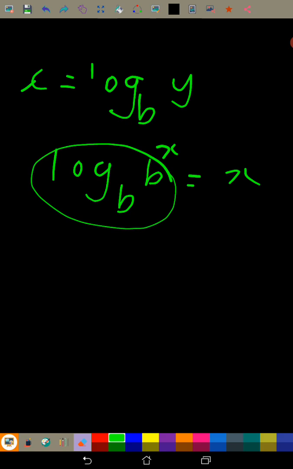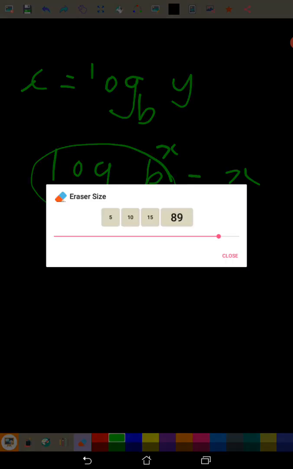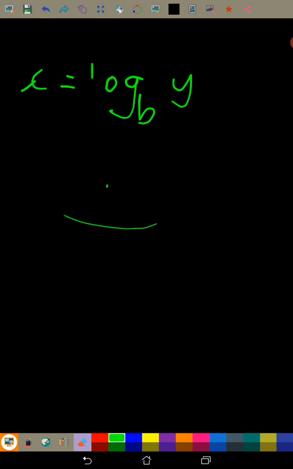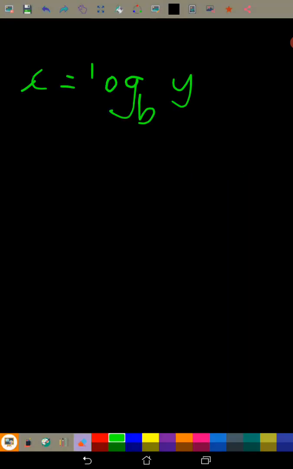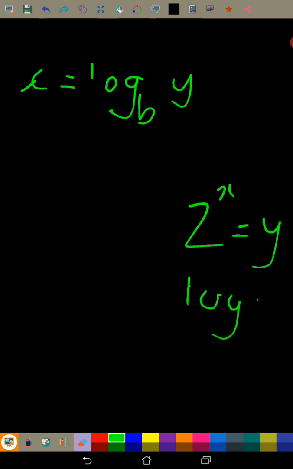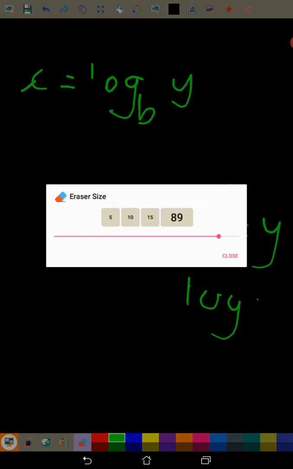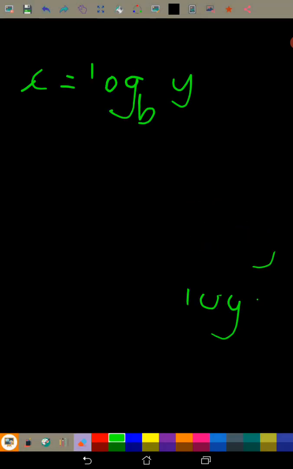Write these in the form of x is equal to log. Now we have to do the inverse. We're learning how to transform something from one form to another, from the power form to the logarithmic form, and so on. Now we have to learn how to do it the other way. Okay, let's do that.